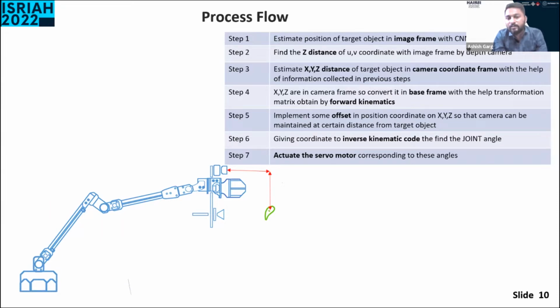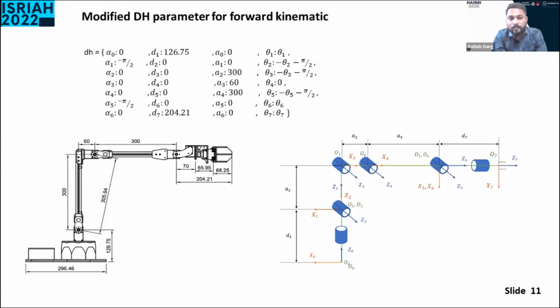After this offset, we get the desired position of the end effector. We can then directly apply inverse kinematics to get the joint angles and do the actuation. That's how we reach the targeted object. This is the basic idea of the process flow of position control by vision data.